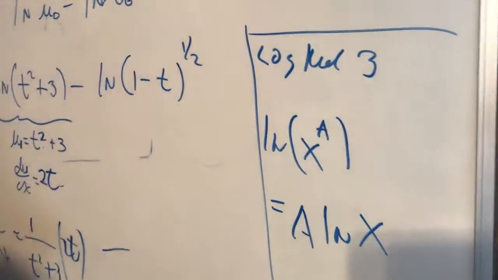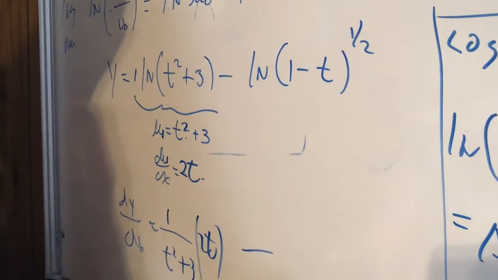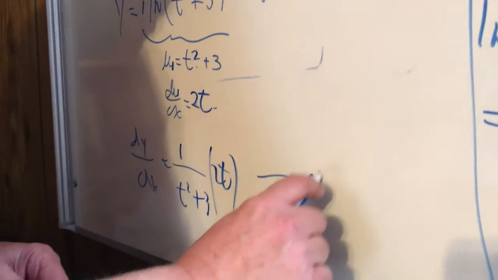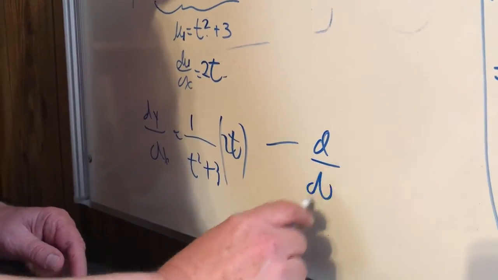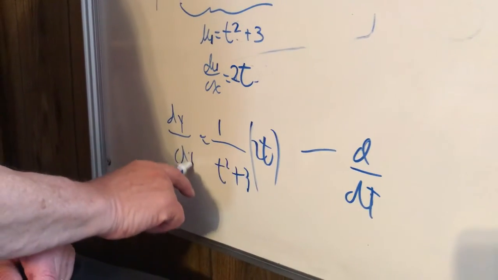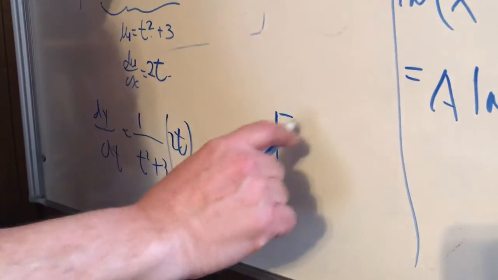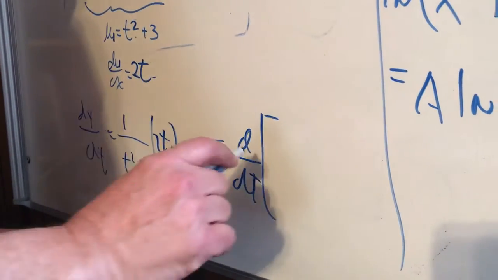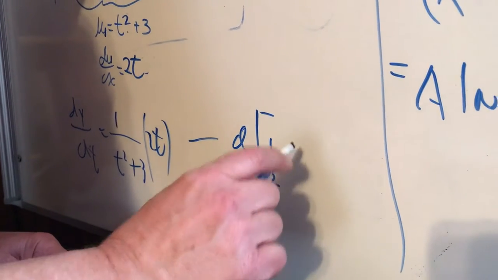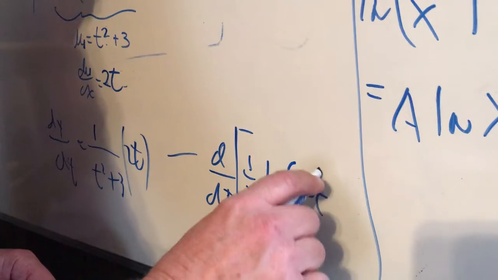So how can I write this? I'm going to take the derivative with respect to t in this case, because we have a t, of 1/2 the log of 1 minus t.